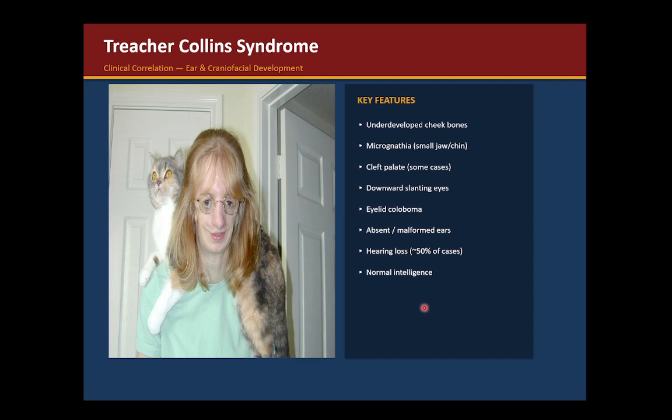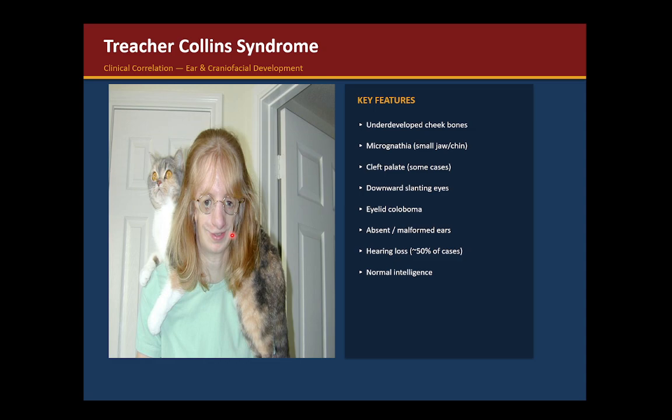Then we have Treacher-Collins syndrome. Now, Treacher-Collins syndrome is where your first arch is not developing. Why? The mandible is not developing. So if your mandible is not developing, you know that this is a first arch defect. Now, if you remember, the first arch gives rise not only to the mandible, but also to the malleus and incus.